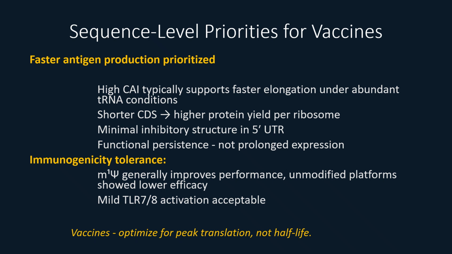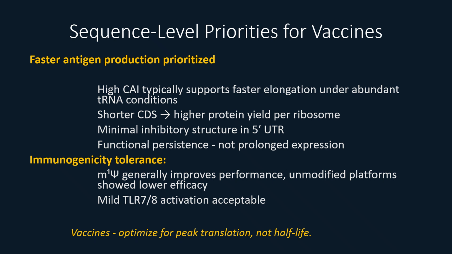When it comes to sequence priorities for vaccines, the main goal is antigen production. So, what matters most is getting a strong burst of protein early after delivery.